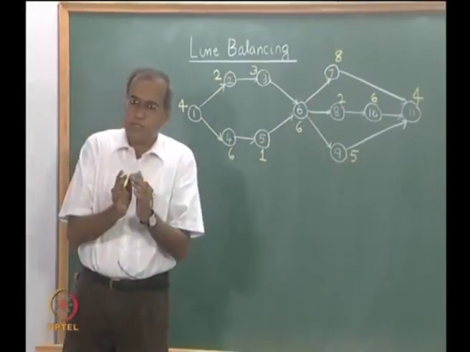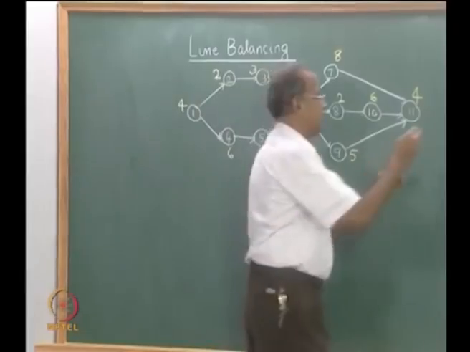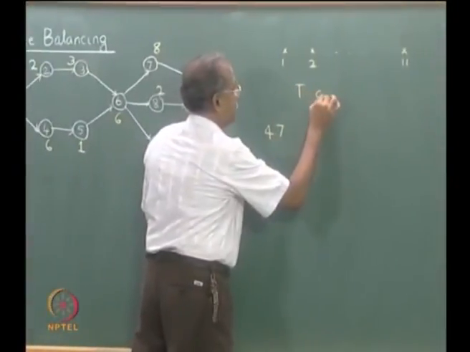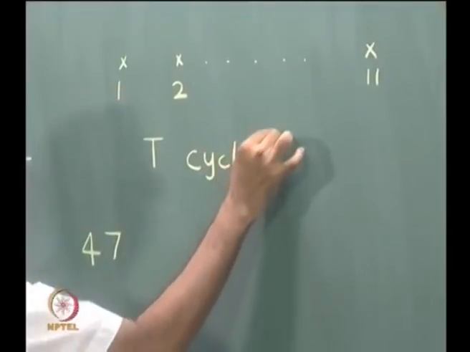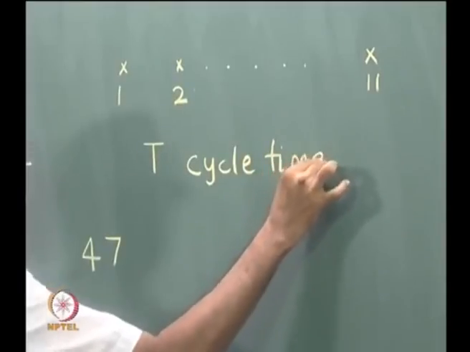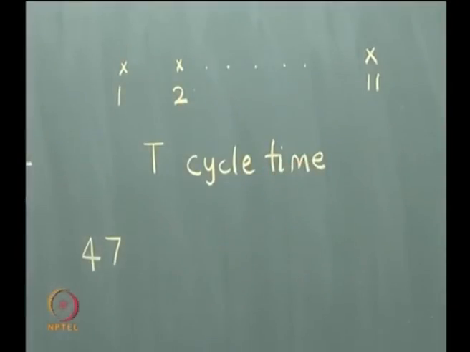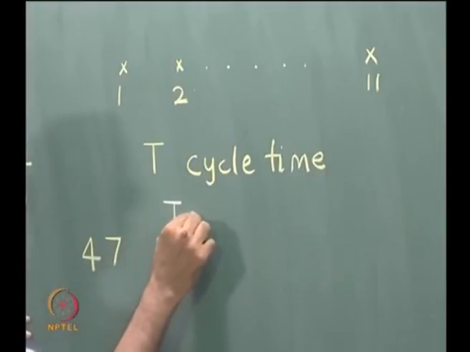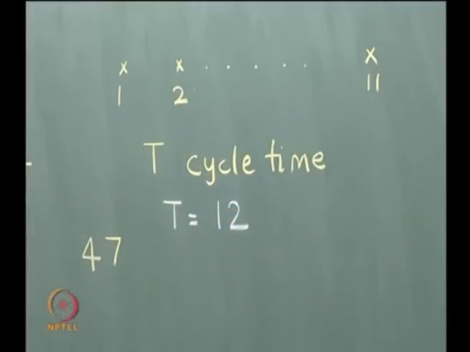At the same time, we also define something called T, a cycle time, which is the expected output from the system. For example, if we say T equal to 12, then the demand is such that we would expect an assembly to come out every 12 time units.